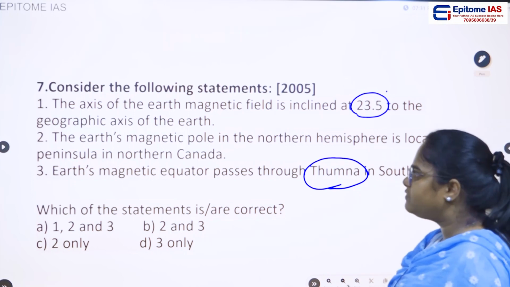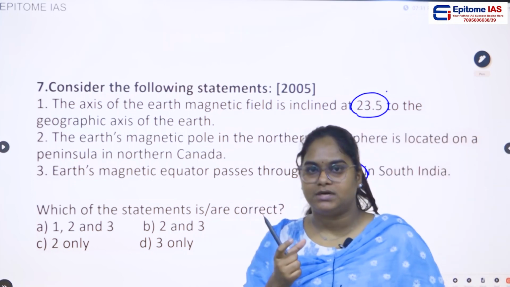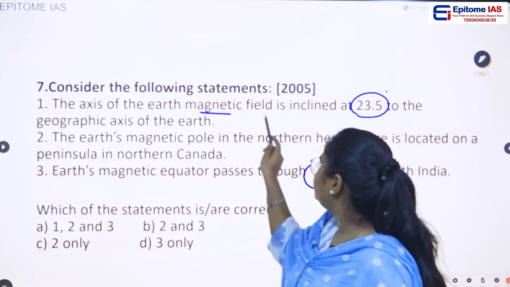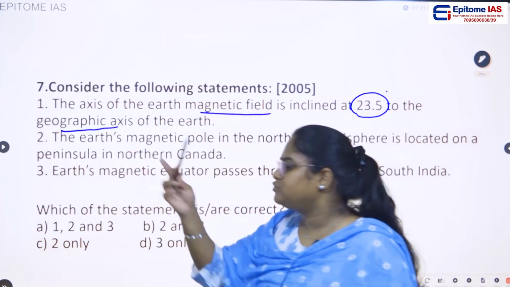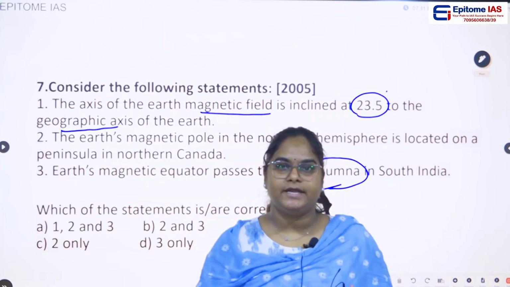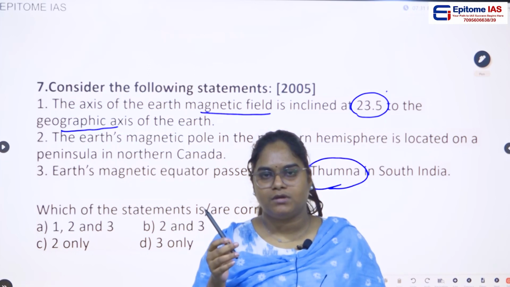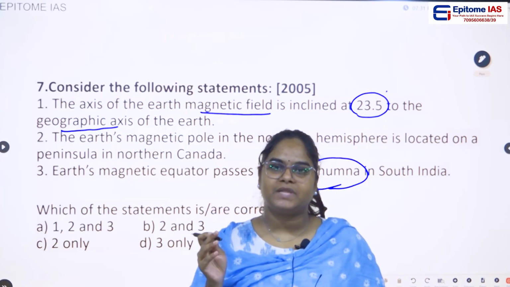So if you see here, the first statement is talking about the Earth's geographic axis and the Earth's magnetic field. It is talking about two things, and it is saying the difference between the Earth's magnetic pole and the Earth's geographic axis.